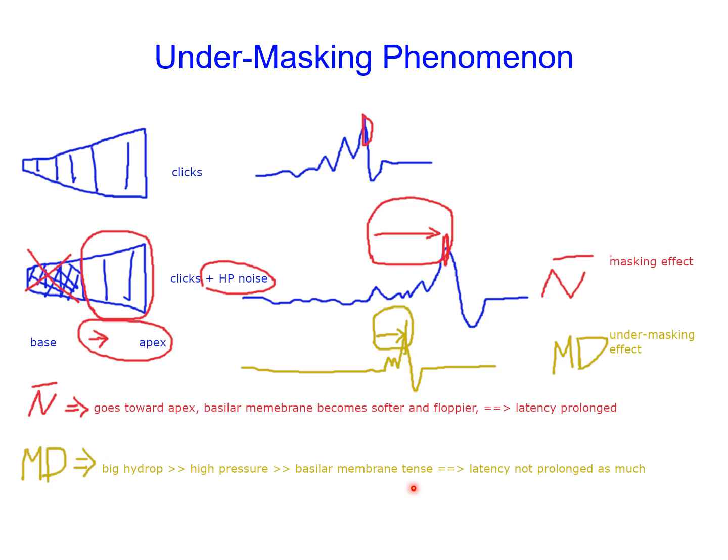When the endolymph is under high pressure, the basilar membrane cannot move as freely as it was. It is not floppy anymore. Now it becomes tense because of the high pressure produced by the big hydrops. As a result, the latency may still prolong, but not as much as it should for normal patients.